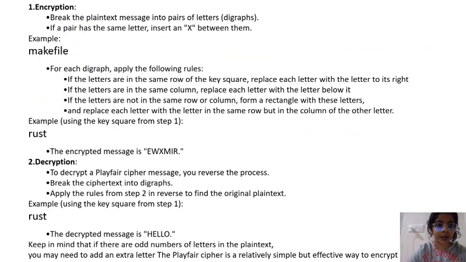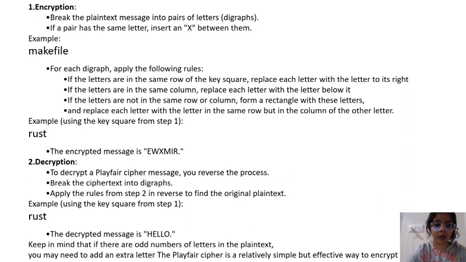Encryption. Break the plain text message into pairs of letters. If a pair has the same letters, insert an X between them. Example, make fill. For each digraph, apply the following rules. If the letters are in the same row of the key square, replace each letter with the letter to its right.